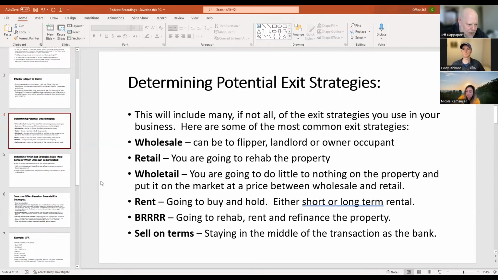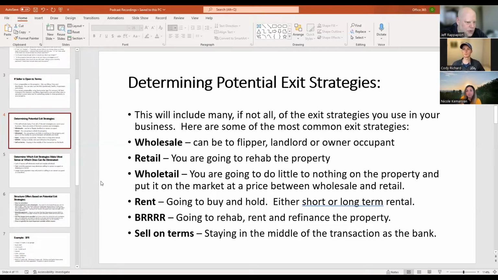So, is the exit strategy to wholesale it? Could we be wholesaling it to a landlord or a flipper or an owner occupant? They will vary within that one exit strategy. Do we want to rehab it?